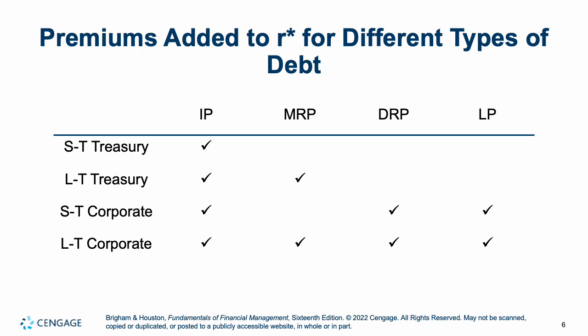So if we look here at types of debt, what premiums are added? Everything has an inflation premium. Maturity risk premium, only long-term securities. Default risk premium, only the corporate ones. Treasuries do not have a default risk premium because to date the government has never defaulted. And finally, liquidity premium, once again only the corporate securities.